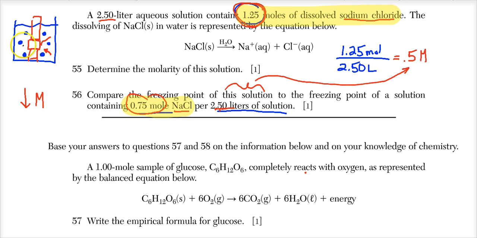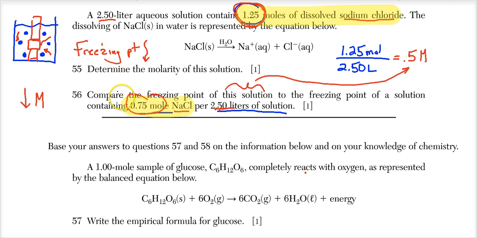What you should know is it's harder for the water molecules to refreeze if there are solute particles getting in the way. So you need a colder temperature to overcome these particles to freeze. And that's why we call it freezing point depression. The freezing point gets lowered as you add more solute particles.